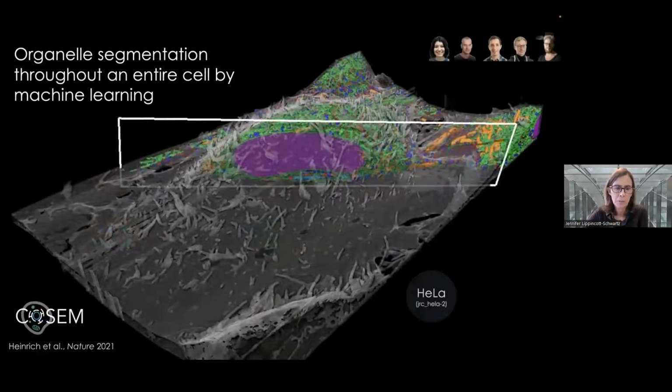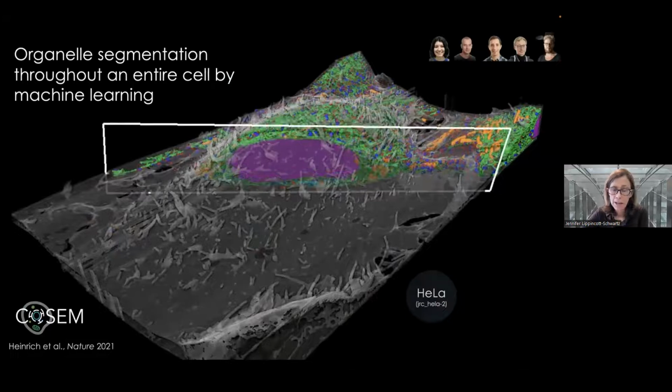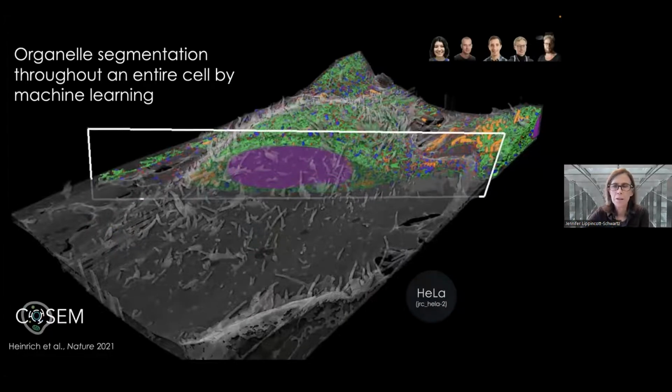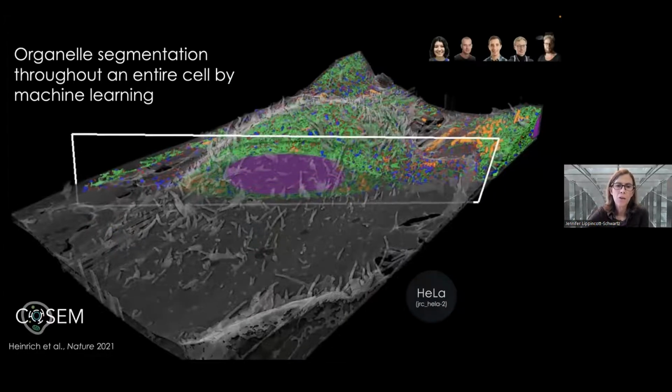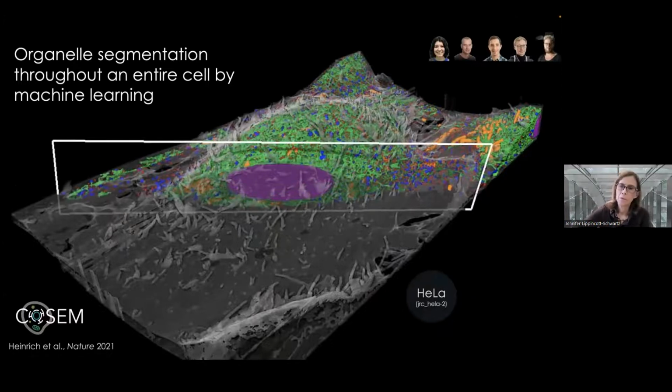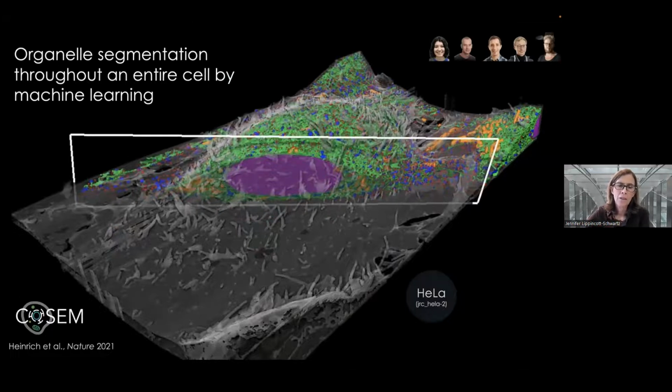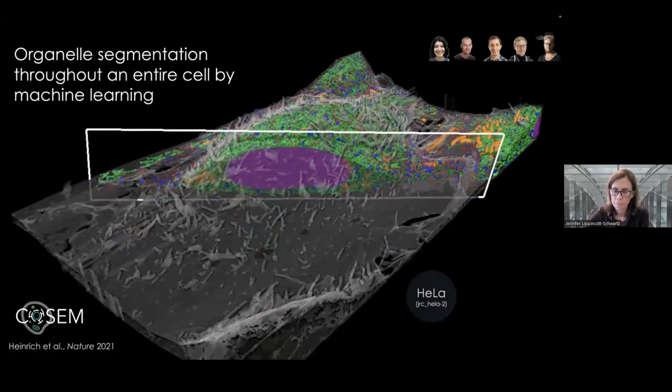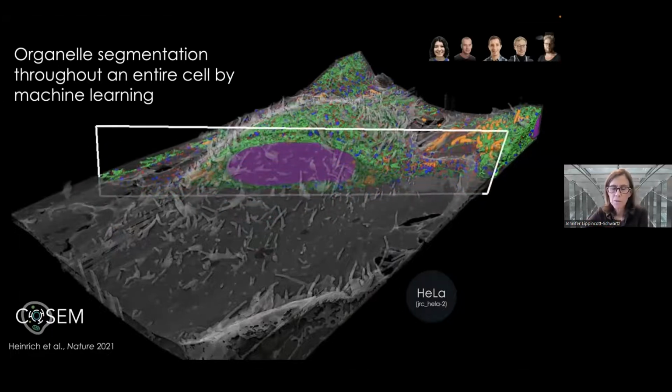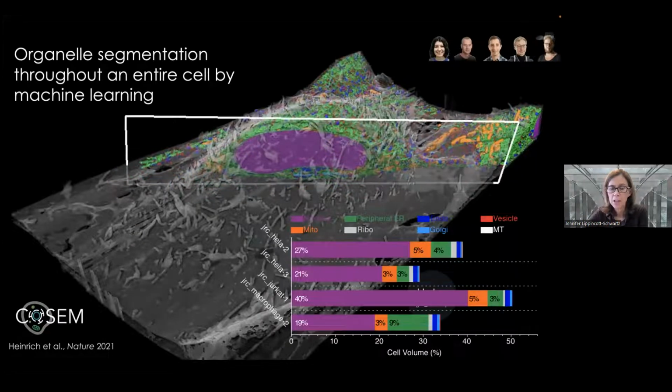So here's just an example of a different HeLa cell that has been FIB-SEMed, and then the organelles are automatically segmented through machine learning. What you can see from this data set is that we've identified 32 different organelles by hand that the machine learning can reproduce in these cells.